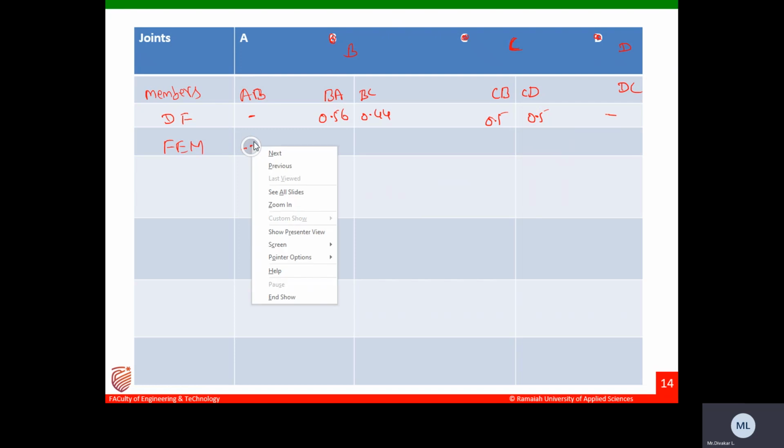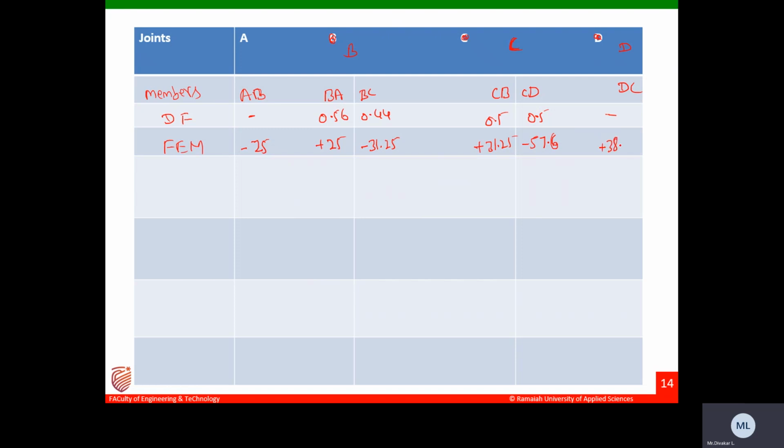Then plus 25, minus 31.25, plus 31.25, minus 57.6, and plus 38.4. These are all the FEMs.